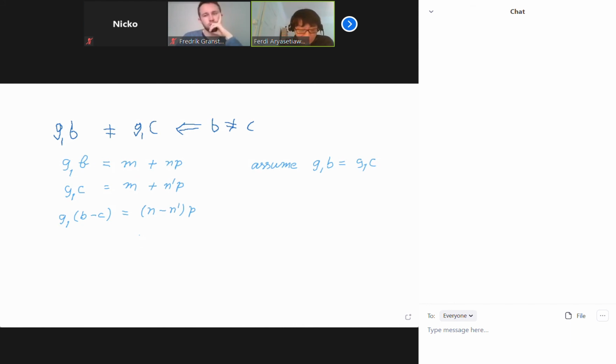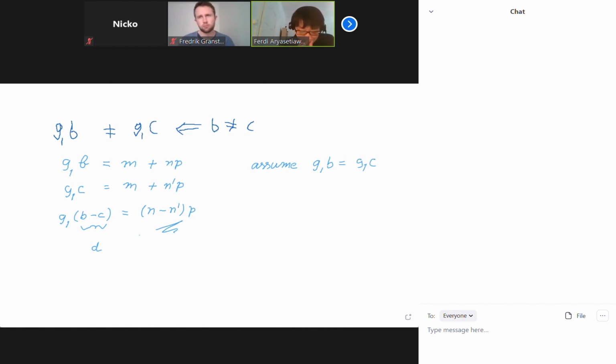But b is not equal to c. So then b minus c must be another element. So let's say d. But then we have G1d is equal to this, which is not possible. Yes, because that would mean that this is 0.